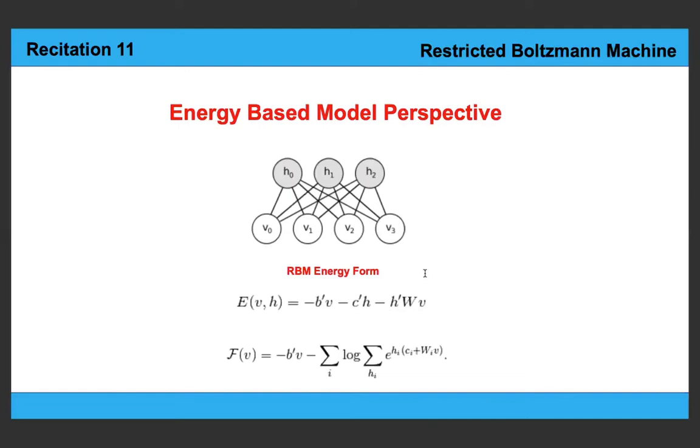So this can be translated directly to the following free energy formula. This one is b v, and we use a log to mitigate the effect of the exponential, and this becomes a free energy form.